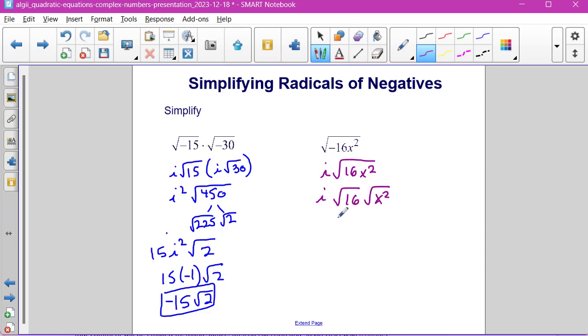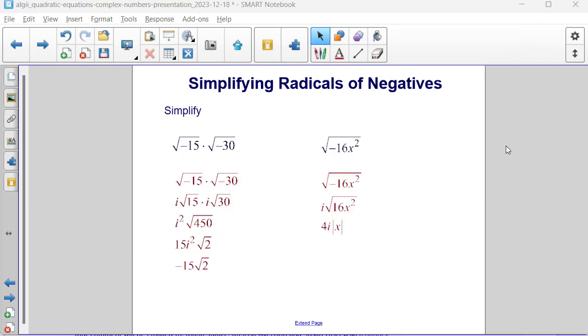Now the square root of 16 is 4, so we have 4i, and now the square root of x squared is x, but because the coefficient out in front here is positive, we need to put this x inside of the absolute value. It went from an even exponent to an odd exponent, and we only want the positive answer. So our answer to this one is 4i times the absolute value of x.